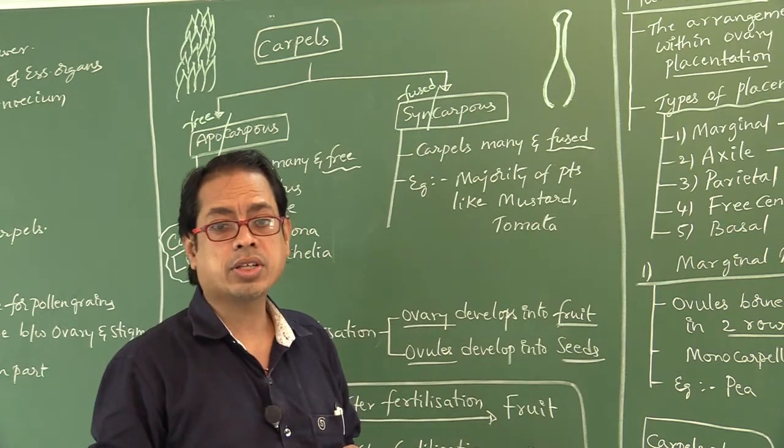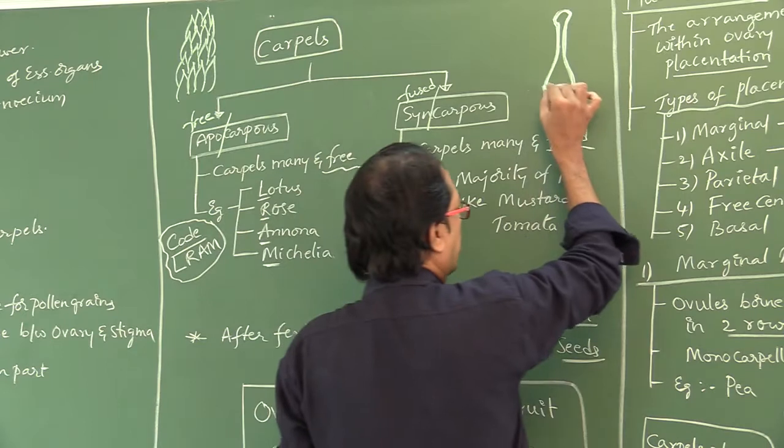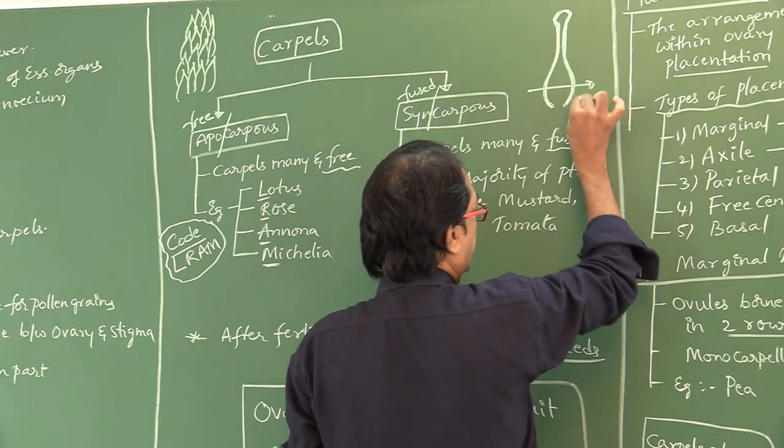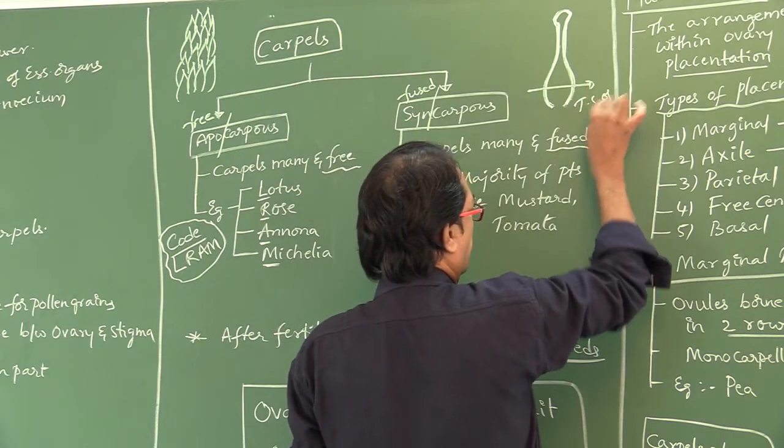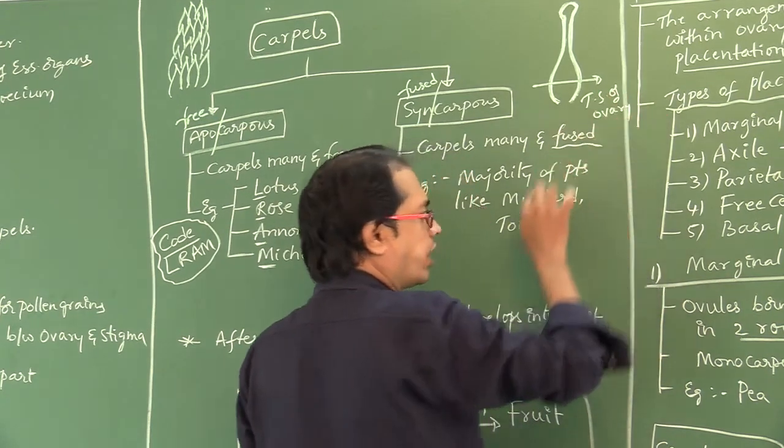To know how many carpels are present, we have to cut the transverse section of the ovary, that is the TS of ovary.